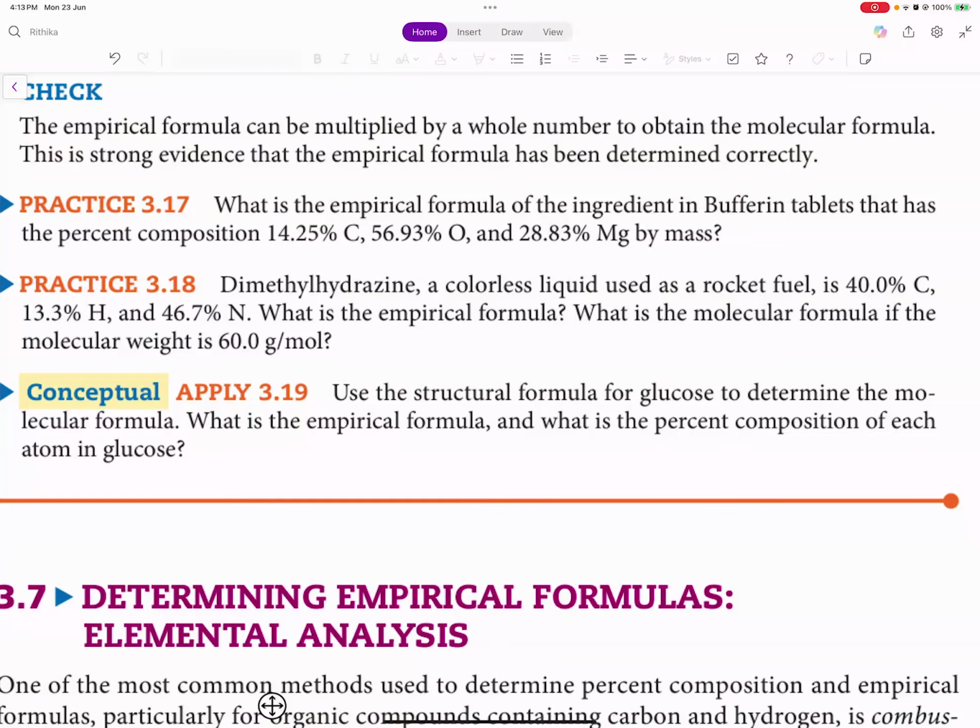So CnH4. CnH4. Okay. So CnH4 is, I think it is incorrect.